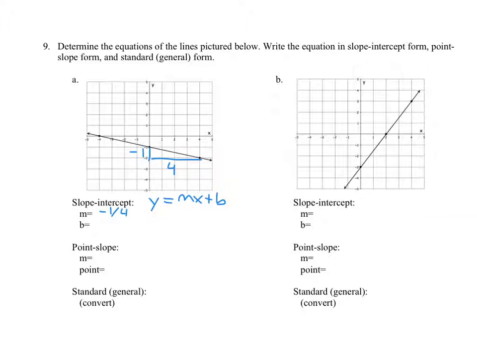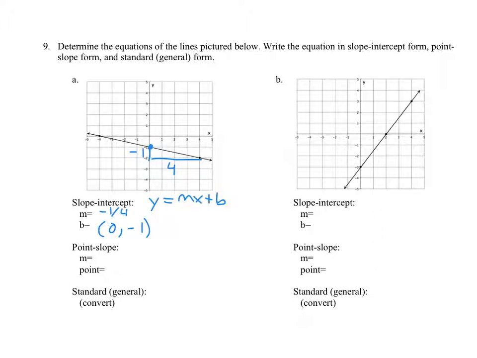The y-intercept is the point where the graph touches the y-axis. And the y value at that point, which I just made blue, is negative 1. But we should write it as an ordered pair. The y-intercept is negative 1, but that point will be 0, negative 1.